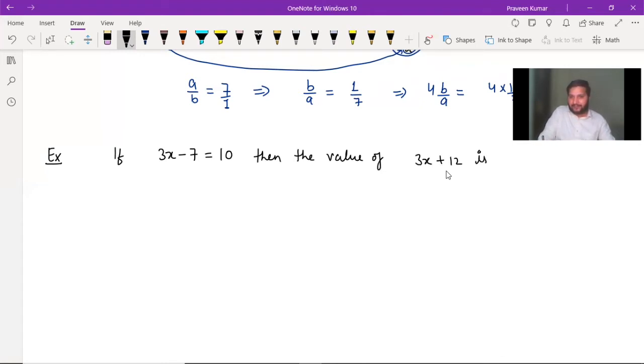We can clearly see 3x plus 12, and this is 3x minus 7.